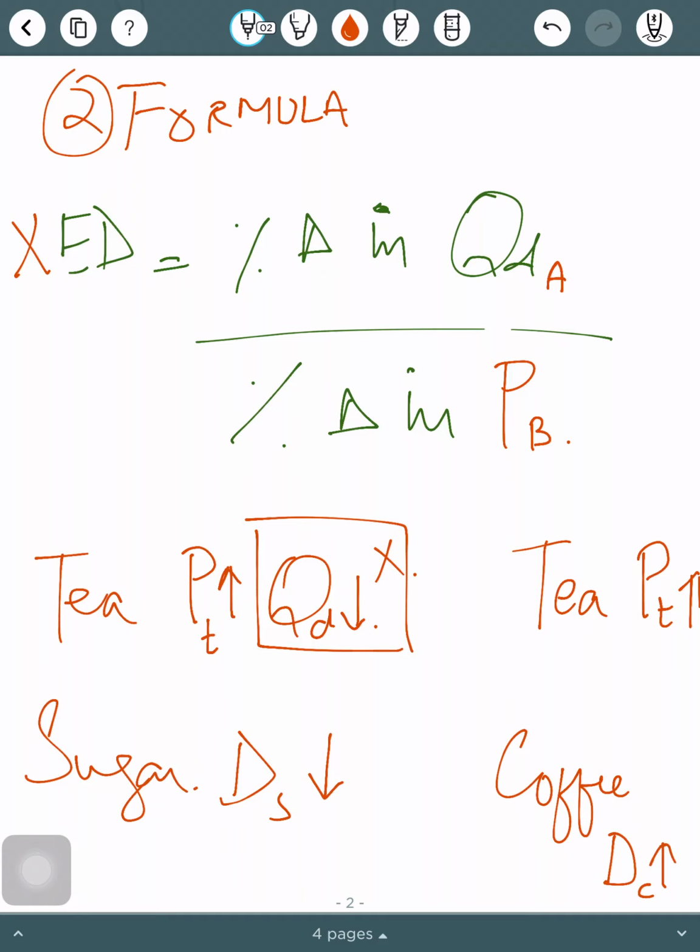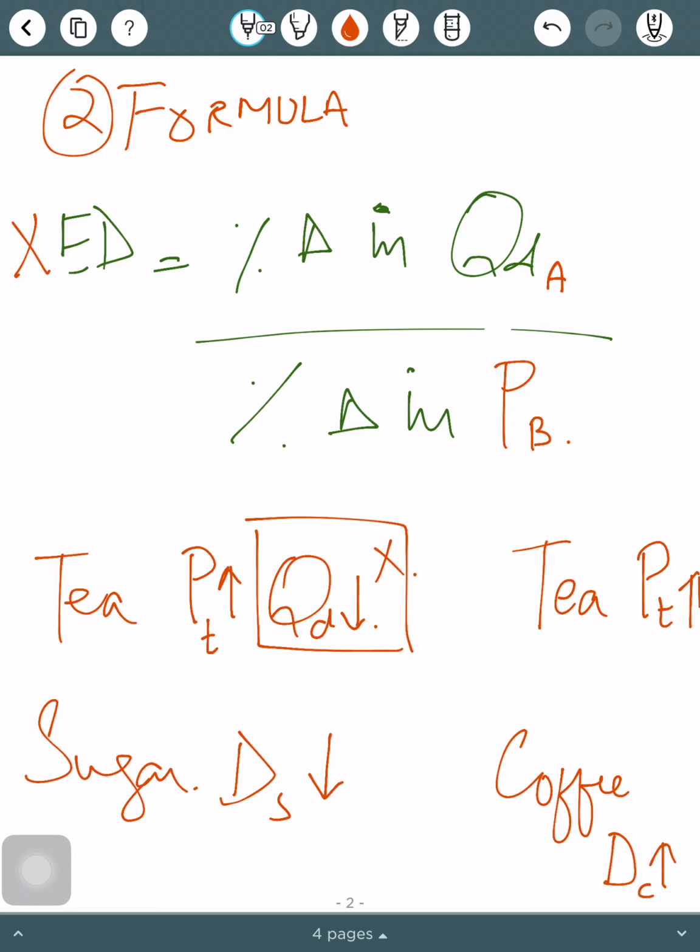So in that case, we would have a low value of XED. And similarly, it could be for tea and sugar as well. For example, the price of tea rises and the demand for sugar does not fall as much. In that case, we will have a low magnitude for XED. So the magnitude actually tells us how strong the relationship is. And when we discuss point number 4 in our model, we'll discuss this in more detail.